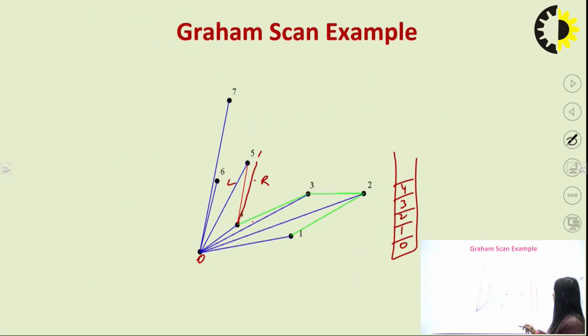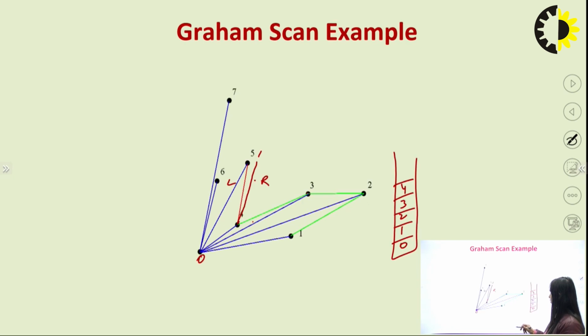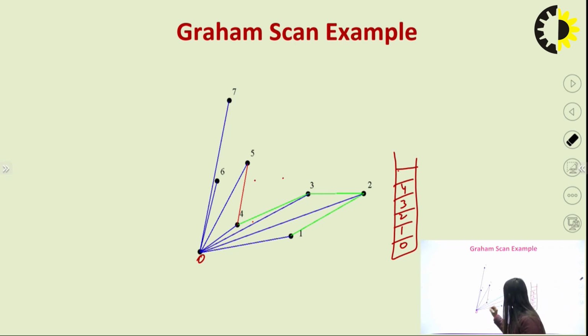See, in this point, if you right side, left side, I think I pop 0, 1, 2, 3, 4 over here. Now if I extend this point, this part is your right and this part is your left.